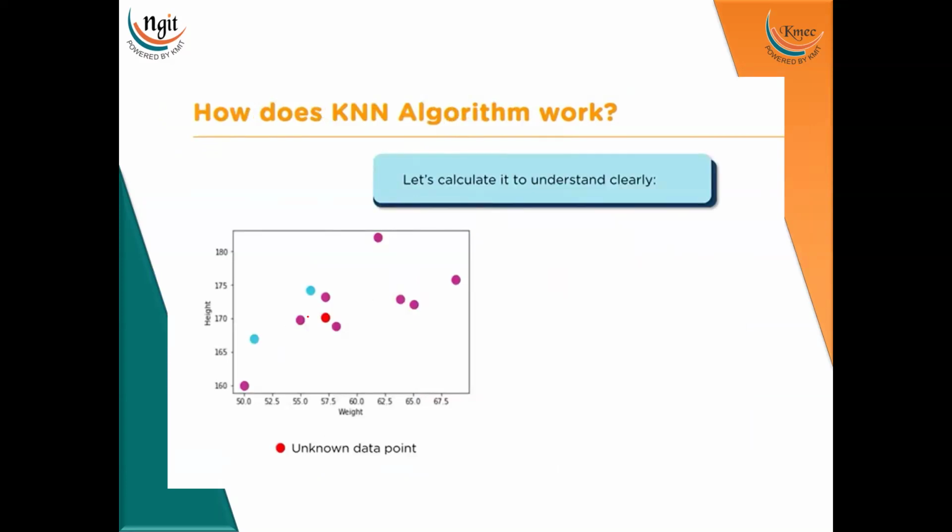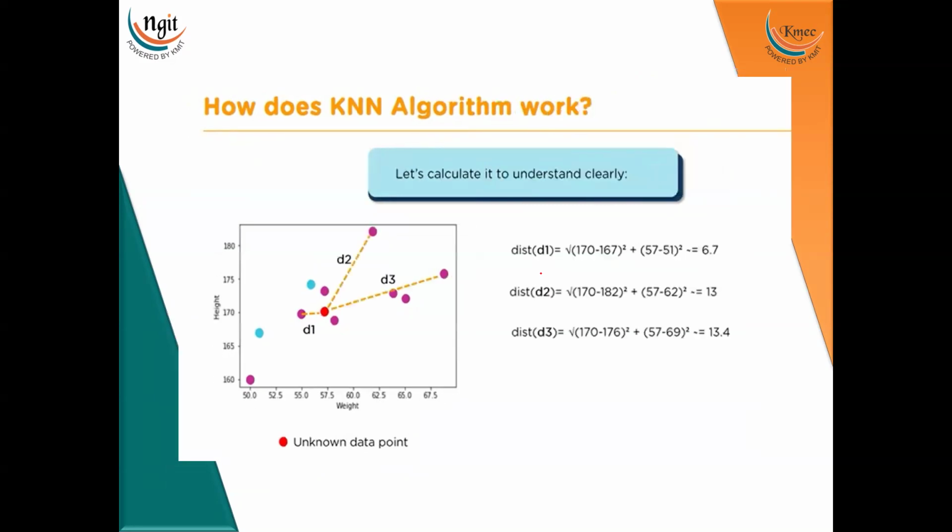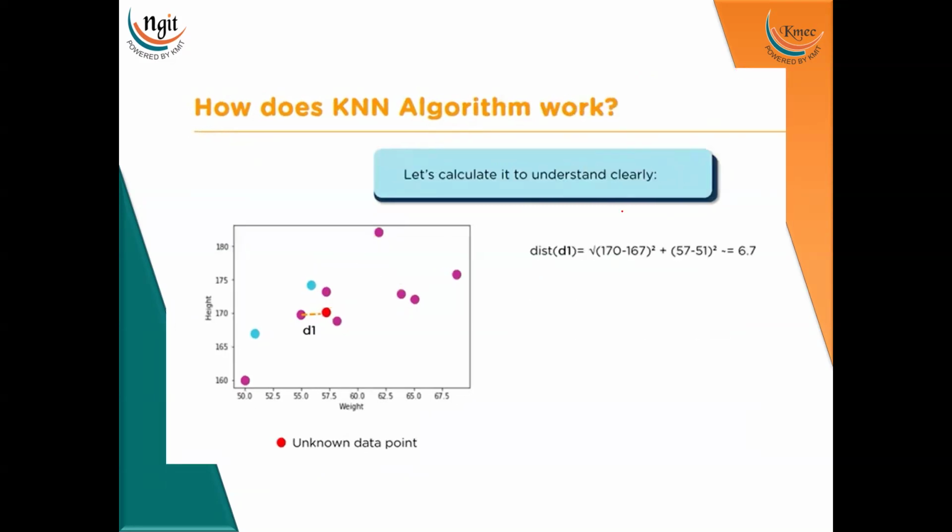As per the given sample data set, I have plotted these data points, and this is the new data point. Now we have to classify whether this unknown data point belongs to this class or this class by finding the Euclidean distance between it and the existing data points. Coming to this distance d1, this is the Euclidean distance.